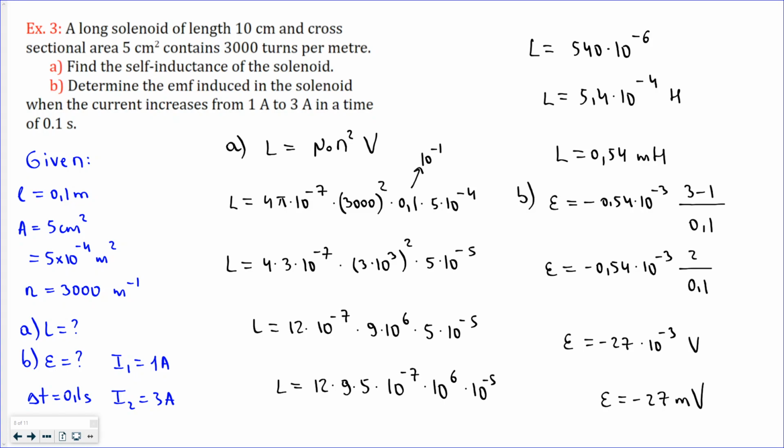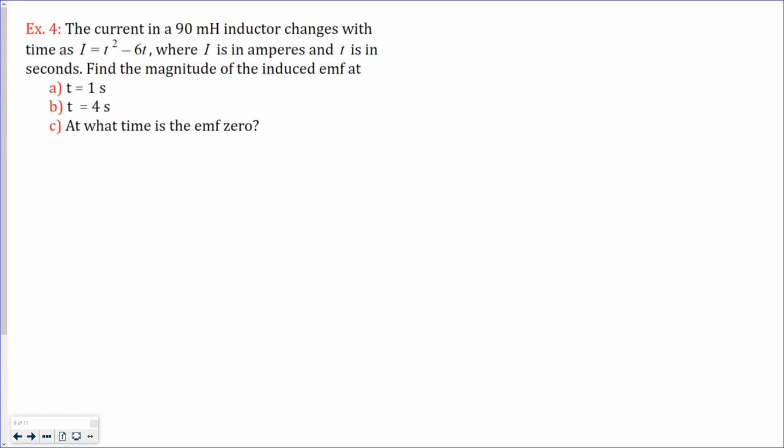Now the fourth problem, and in the fourth problem we see an equation here, t squared minus 6t. So current changes by this equation. And we also know the inductance, it is 90 millihenry.